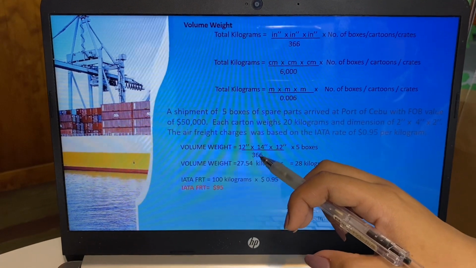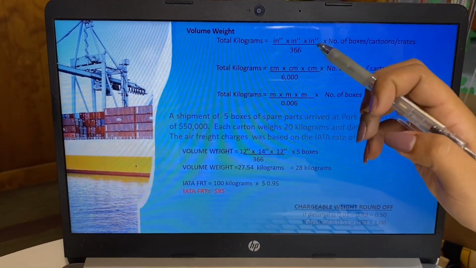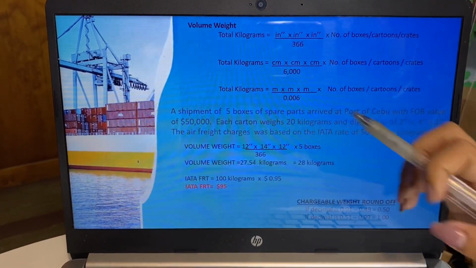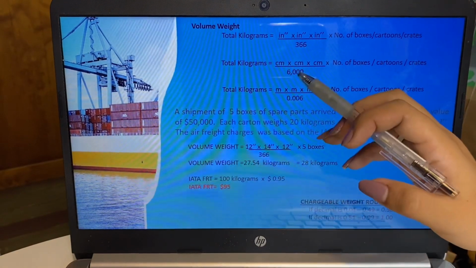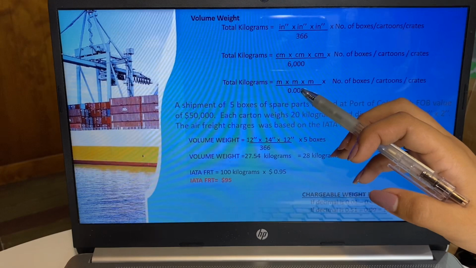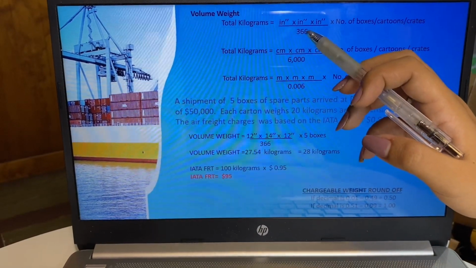Why 366? Because it's in inches, the constant is 366. It cannot be changed. If it is centimeter, use 6,000. If it is meter, use 0.006. So since it is inches, we're going to use 366.